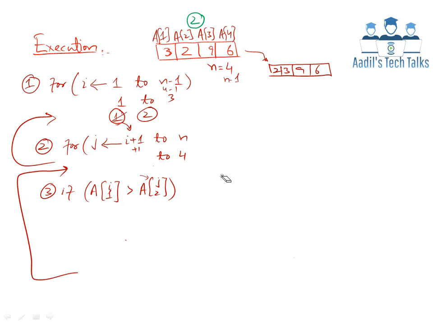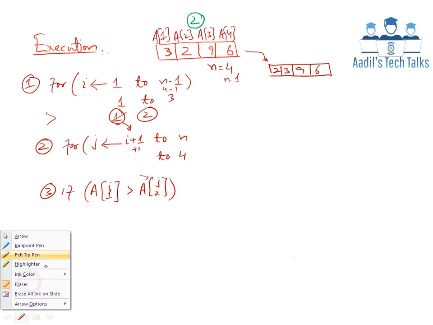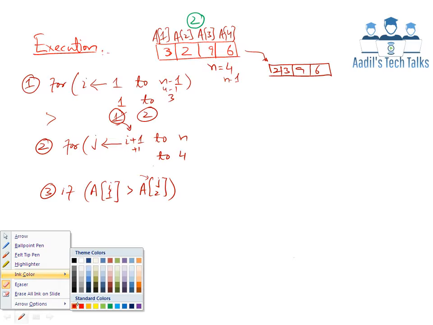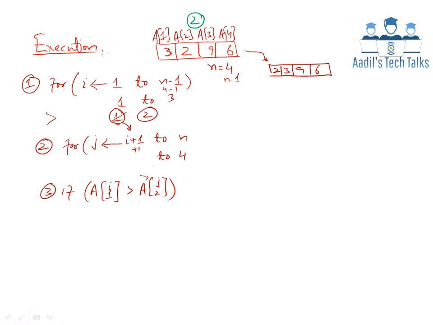This means 2 is the smallest element and has reached its proper position. This was step number 1.